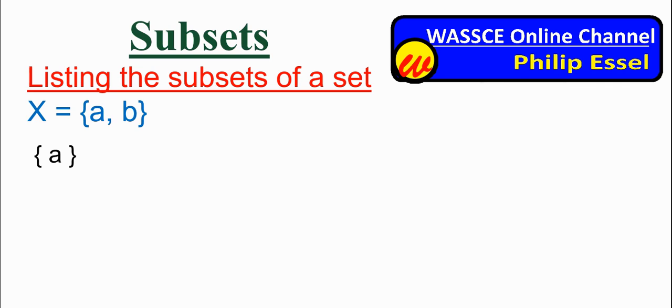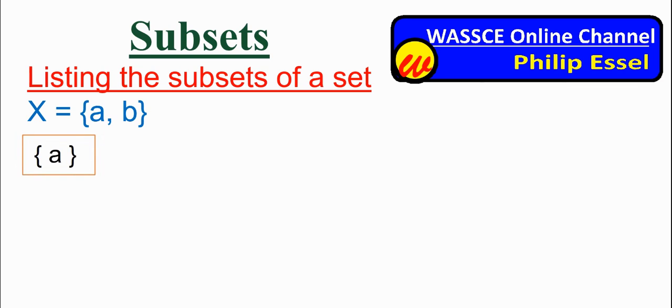Without the curly brackets, you are wrong. So, this is not a subset of the set X. Rather, A in curly brackets is a subset of the set X.